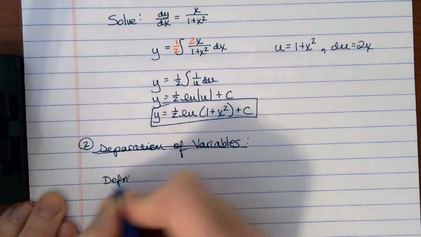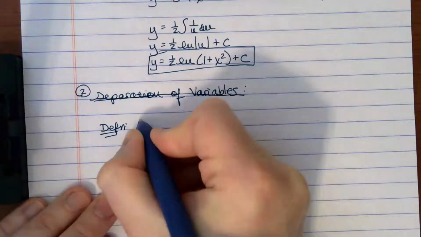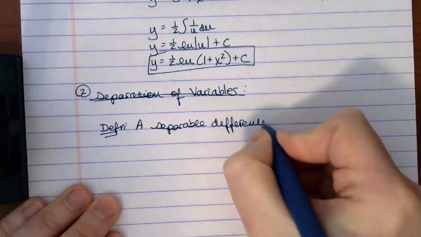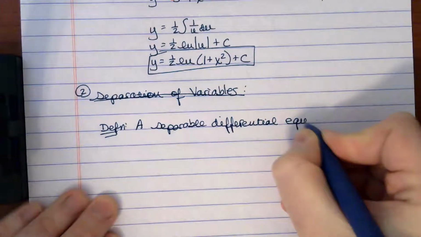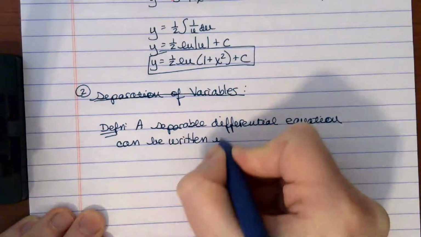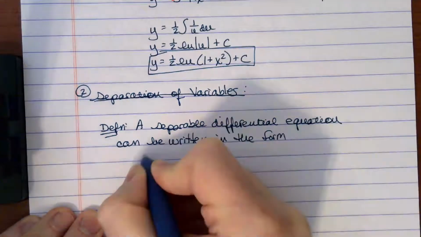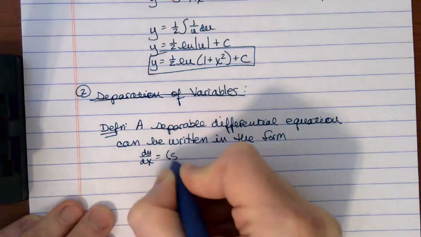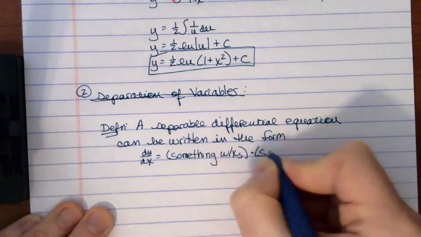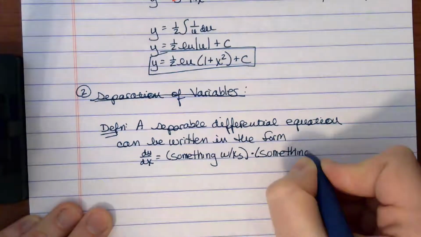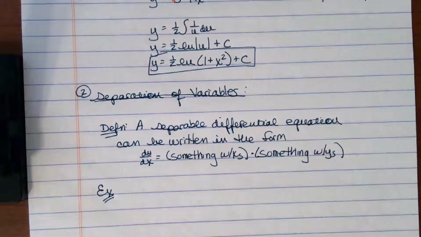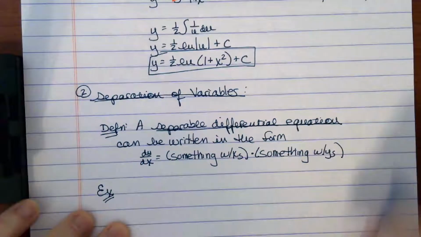Definition. A separable differential equation can be written in the form dy/dx equals something with x's times something with y's.